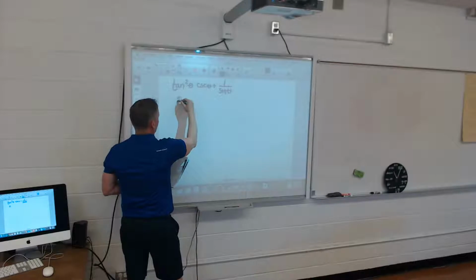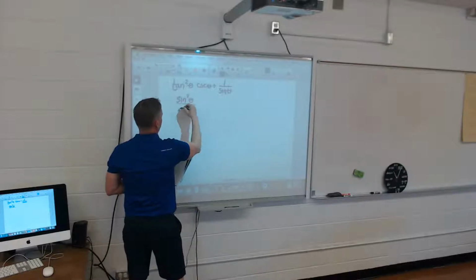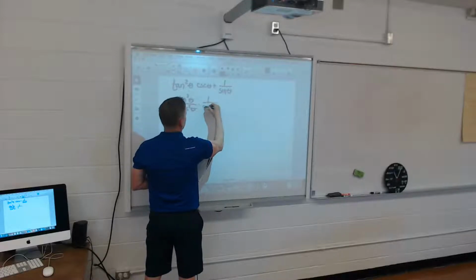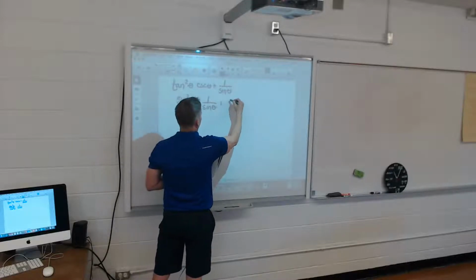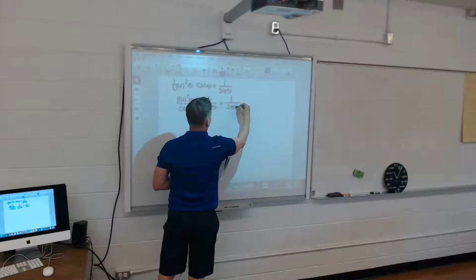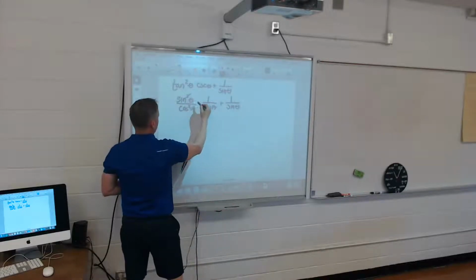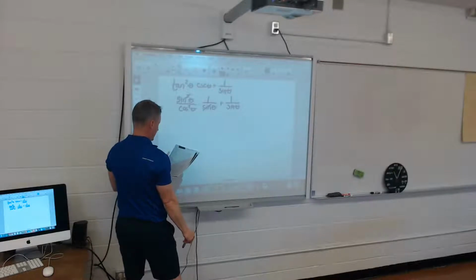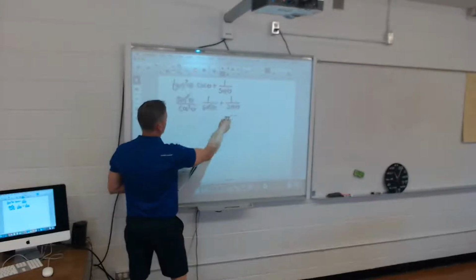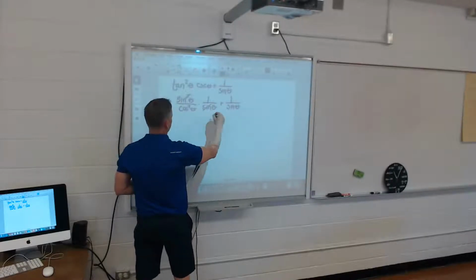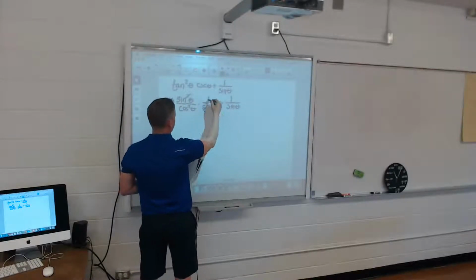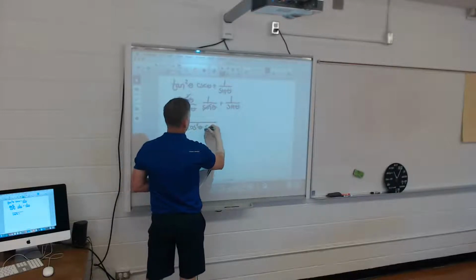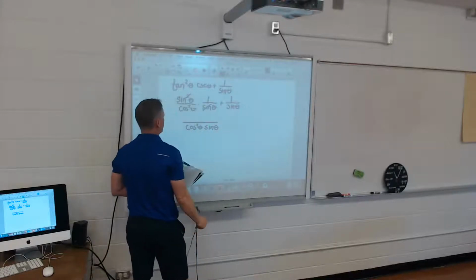Okay, again, convert sine squared theta over cos squared theta times 1 over sine theta. Add 1 over sine theta. So I can cancel that with that. All right, so then I am left with a common denominator. So that would be cos squared theta sine theta, like that.